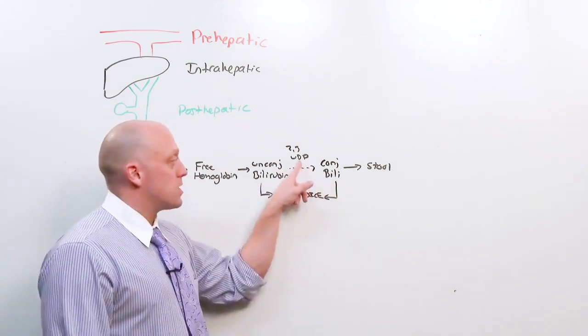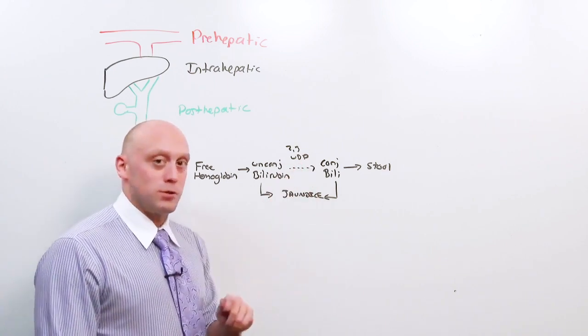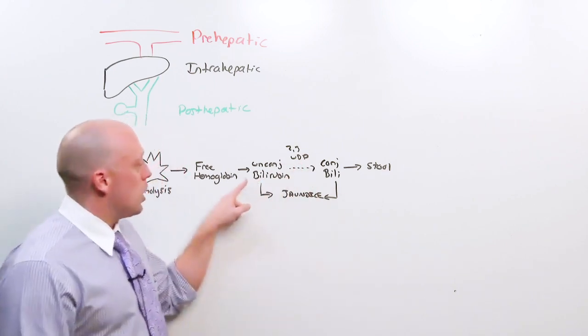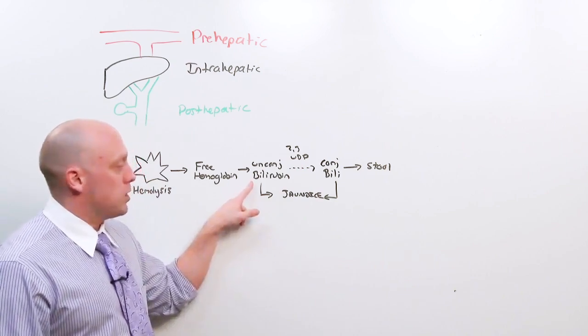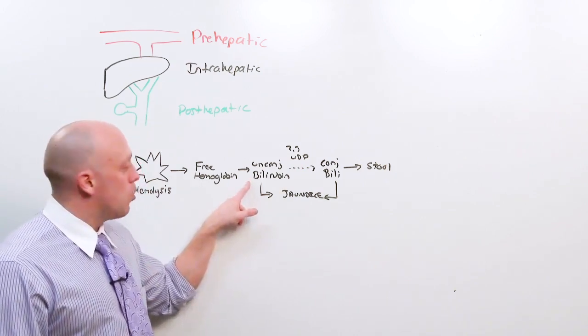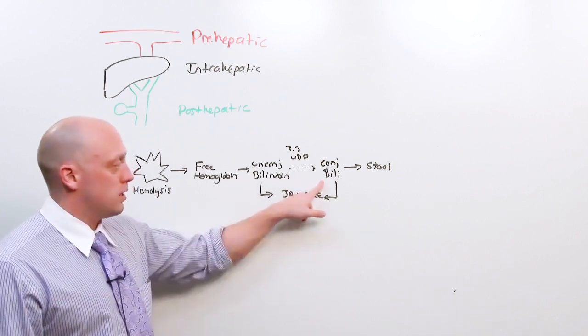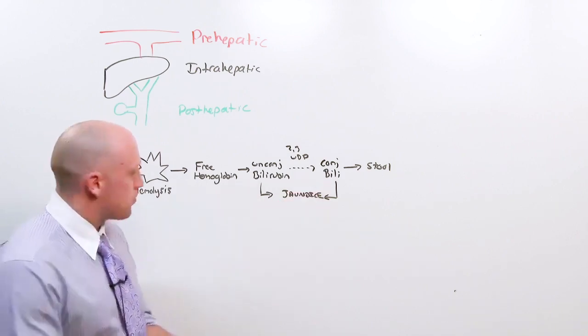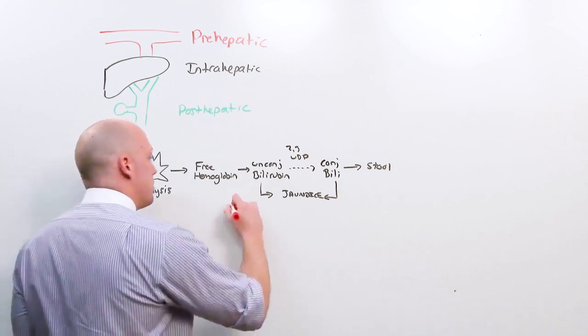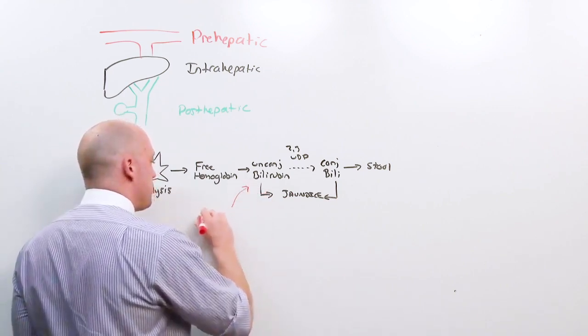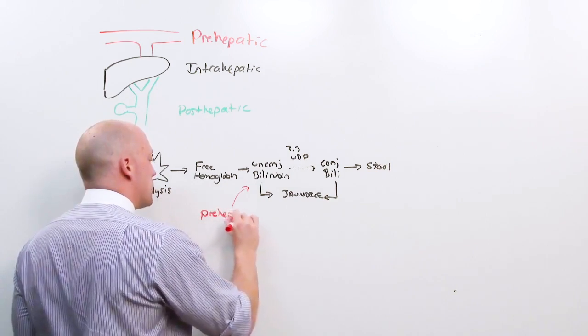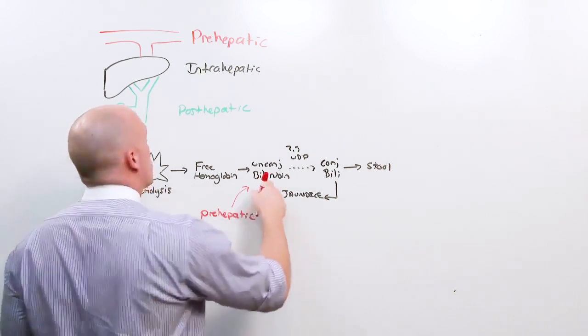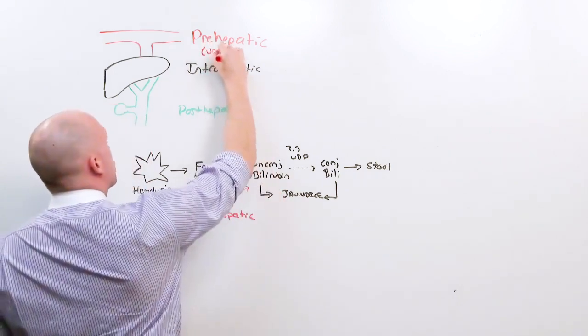But because the rate-limiting step is UDP glucuronyl transferase, there's going to be a lot more unconjugated bilirubin than the liver can handle, so there'll be more unconjugated bilirubin than conjugated. In that setting, prehepatic jaundice is primarily going to be an elevation in the unconjugated bilirubin.